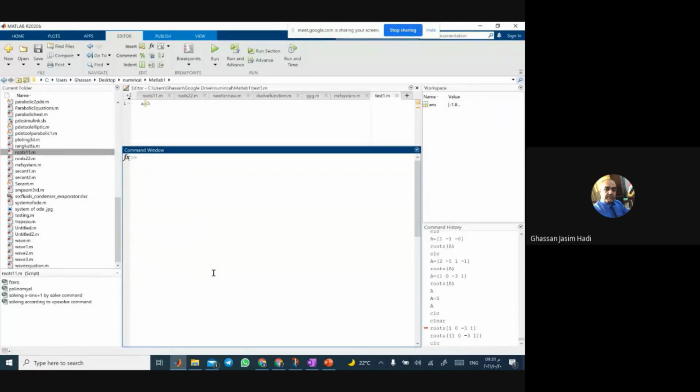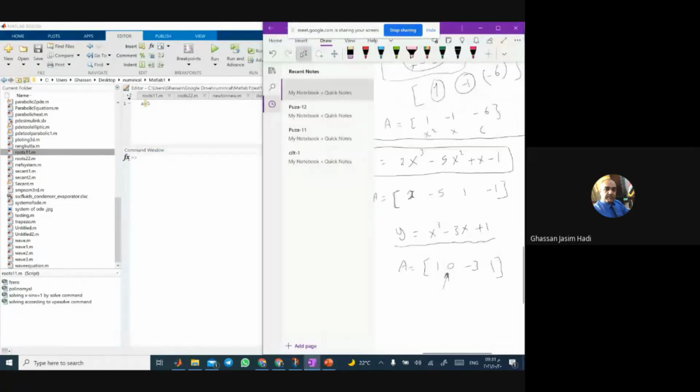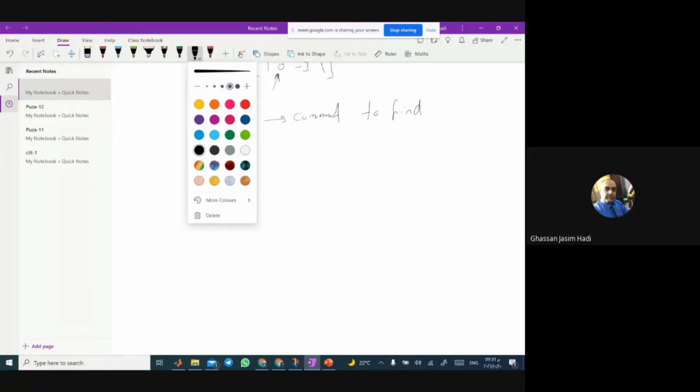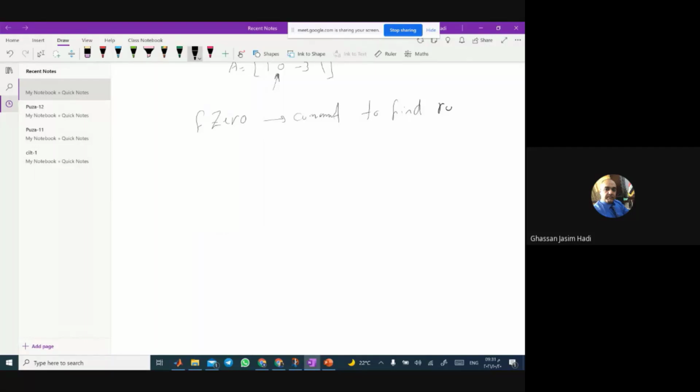CLC. We have fzero, the command to find roots for a non-polynomial function.